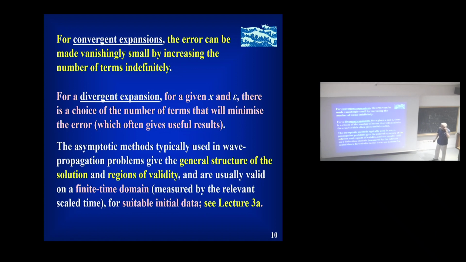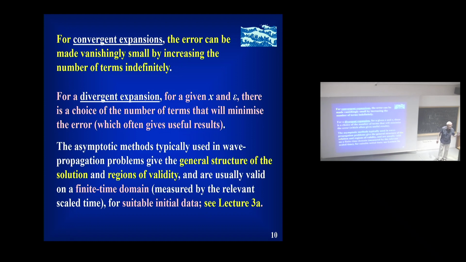Okay. Oh yes, I thought I'd just mention what typically happens in general wave propagation problems, that we do get some very strong guide. We get the structure of the solution, so we know the nature of the solution, and we usually get a very strong guide as to regions of validity, and quite often we can prove theorems that will indicate that, yes, our asymptotic solution is valid on a restricted time domain.